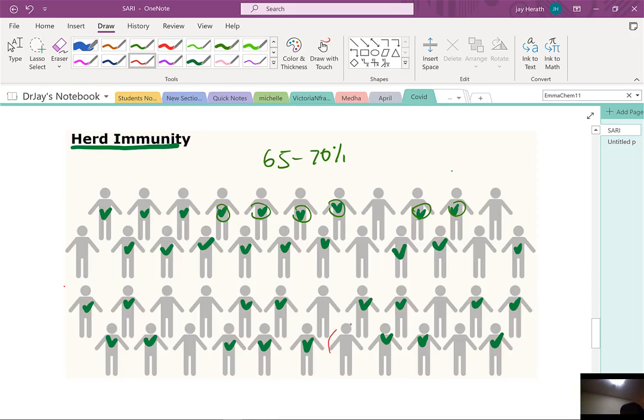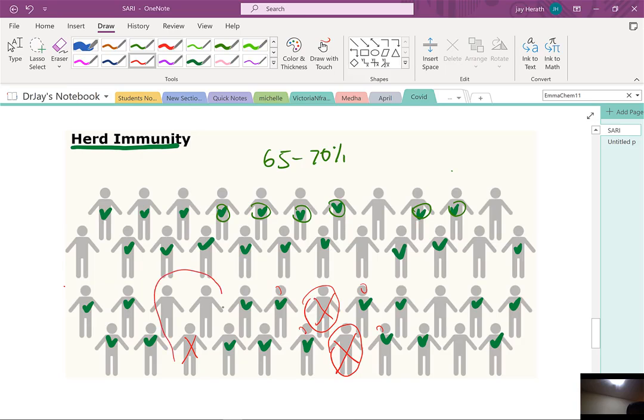Let's say this person travels and gets infected, and what happens is only this person will get infected, right? And so it will not go to this person, this person, this person, and this person, right? So we are mostly protected. And let's say this is a family, and this child got infected, right? What happens there?